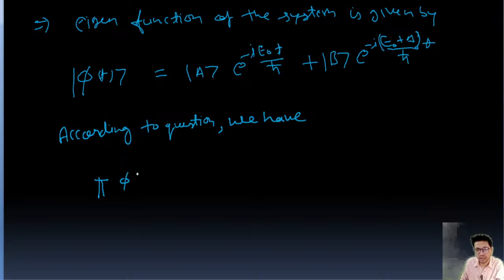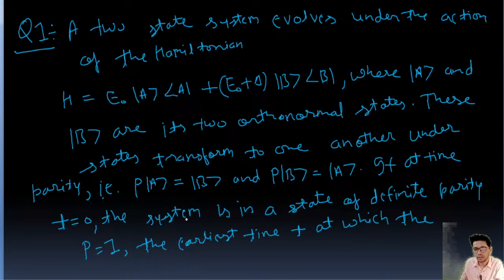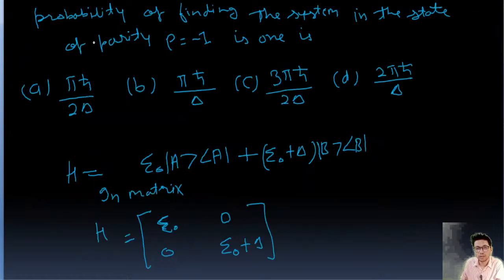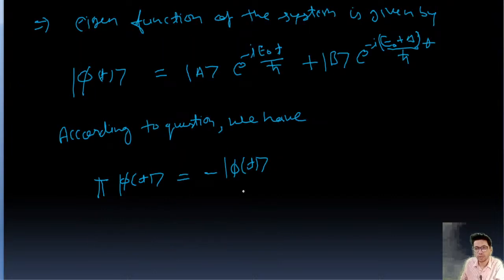If you operate pi on phi of t, that eigenfunction, it will give minus phi of t. This is given in the question. We need to find the earliest time at which the probability of finding the system in the state of parity P equal to minus 1, right?